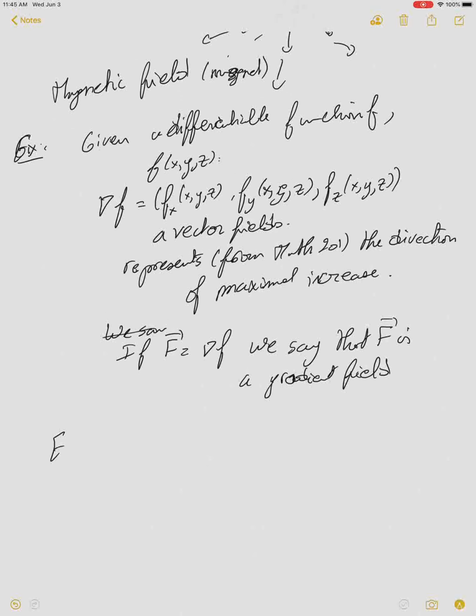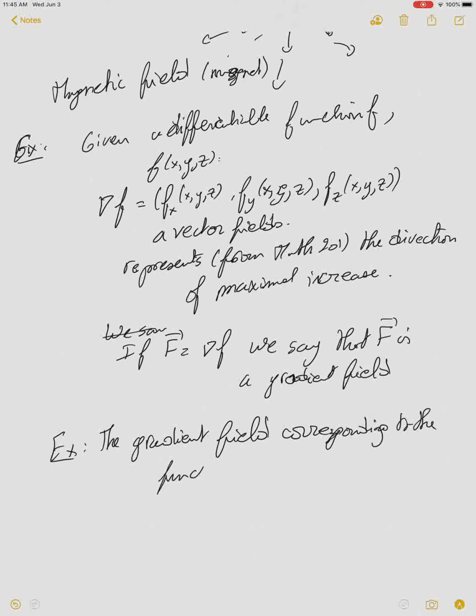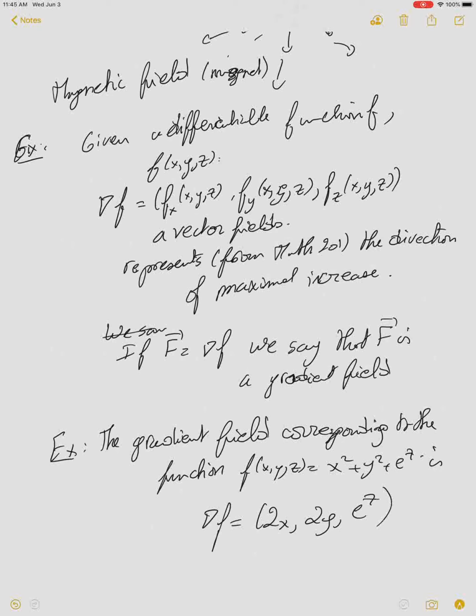For example, the gradient field corresponding to the function f of x, y, z equals x squared plus y squared plus e to the z is (2x, 2y, e to the z). This is the gradient field that corresponds to my function.